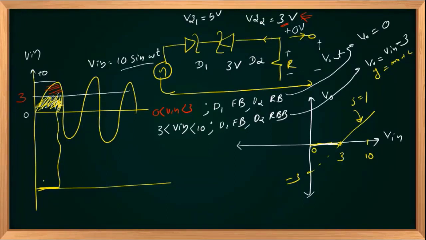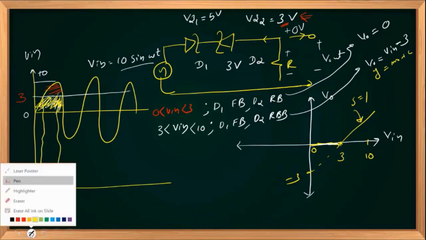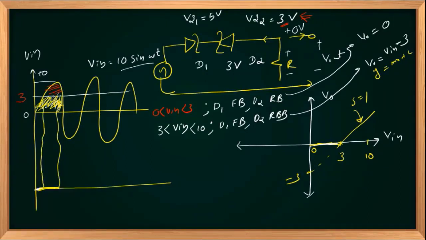So up to 3 volts, V out is equal to 0. Right? 0 to 3 volts it is 0. Another region, 0 to 3, it is 0. These are the two intervals of 0, 3 intervals.